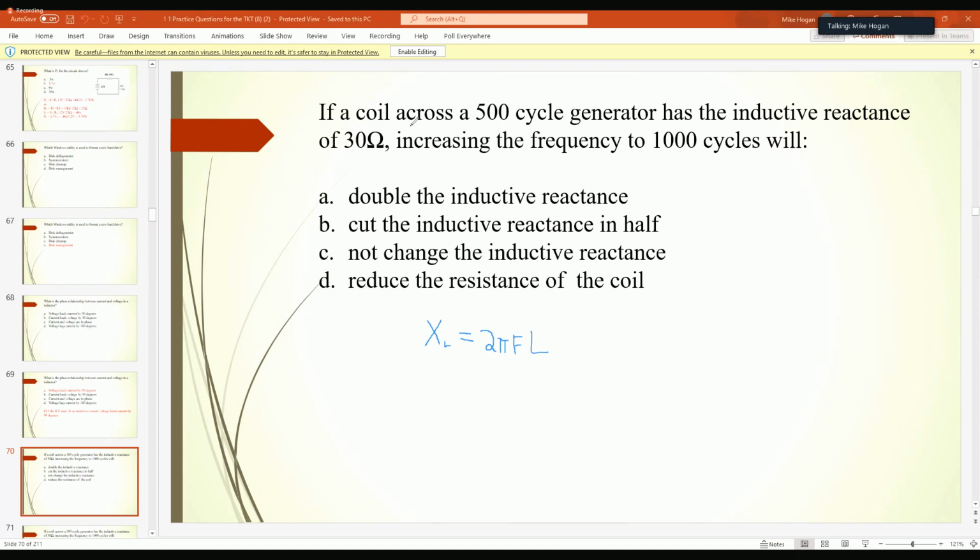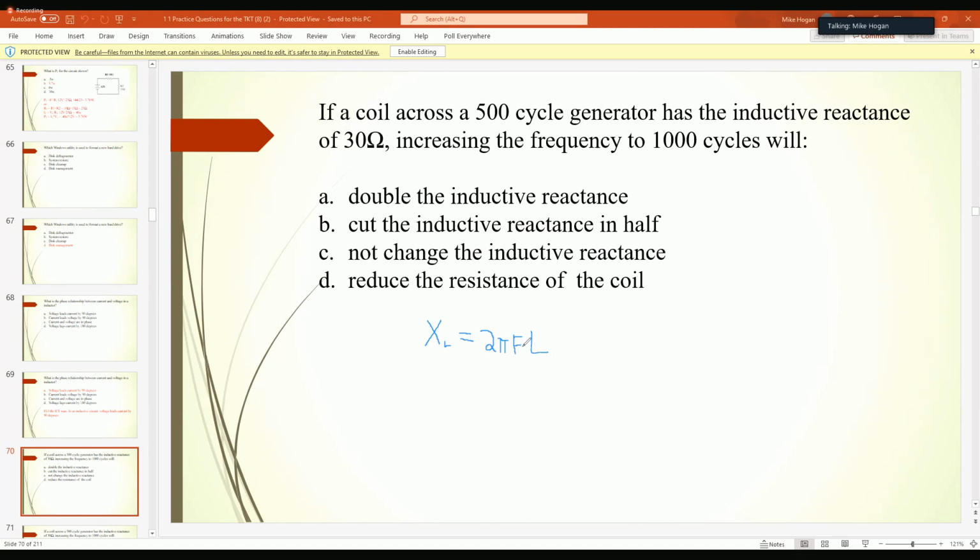It's saying that if I have a coil across a 500 cycle generator with an inductive reactance of 300 ohms, and I increase the frequency from 500 cycles per second to 1,000 cycles per second, so I double the size of F, what's going to happen to X of L? Double. Absolutely, right?